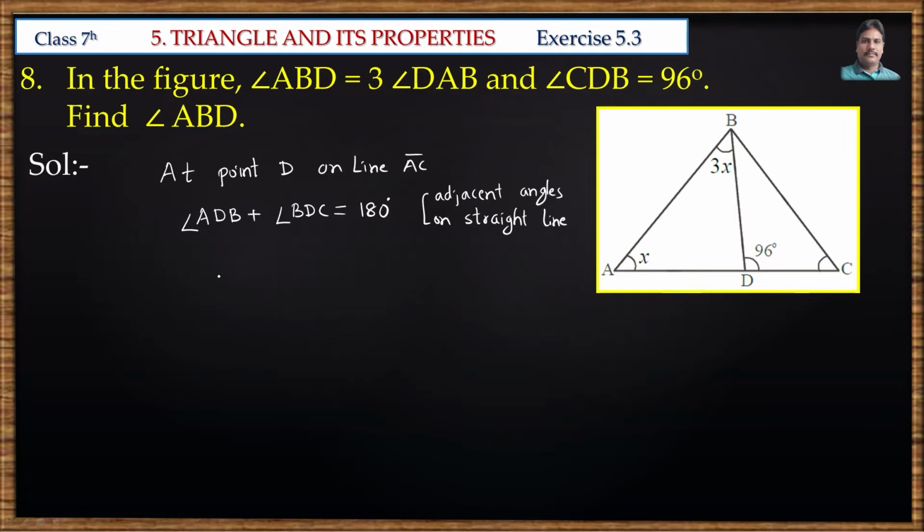So they will be supplementary. Therefore angle ADB plus angle BDC is 96 degrees is equal to 180 degrees.